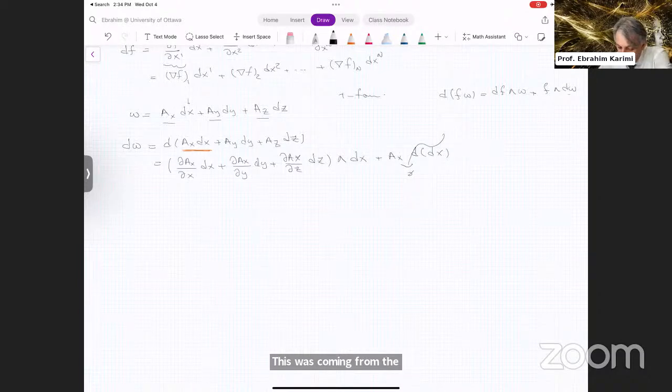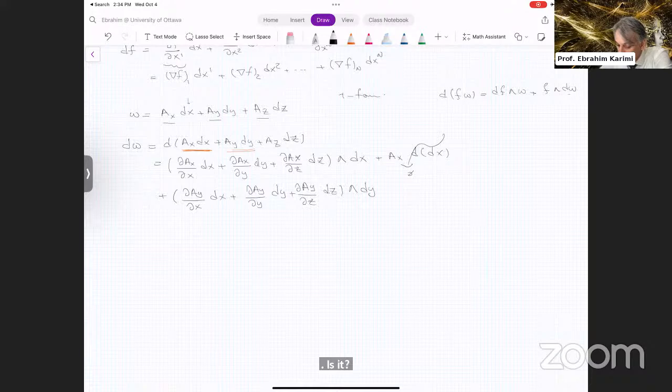Then I have to take the derivative of the second term, which will be plus the derivative of Ay with respect to x dx, Ay with respect to y dy, Ay with respect to z dz, wedge dy, and of course I have Ay d of dy, which is again equal to 0.